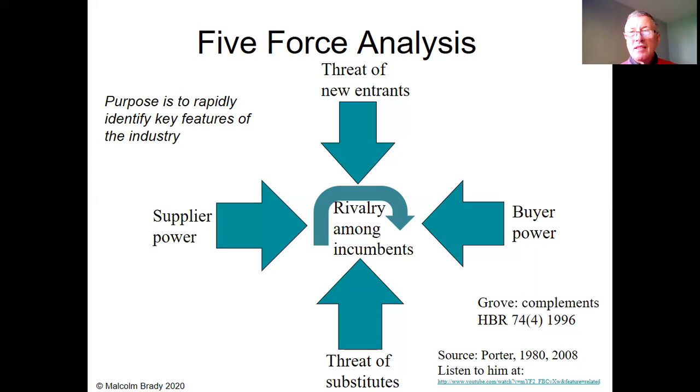Yeah, so that's our 5th force, and you're looking at all of those forces and you're weighing up, in a sense, broadly, are they high, medium, or low? And if the forces are generally high, if all 5 forces are high in that industry, or the threats are high, then that would tend to make that industry relatively unattractive. And Porter, if you look at the quote or the reference there at the bottom in his 2008 paper, he gives a whole series of industries and indicates levels of attractiveness or levels of profitability of the industry.